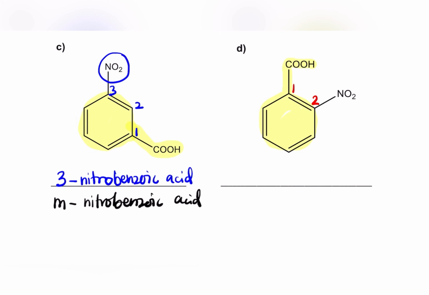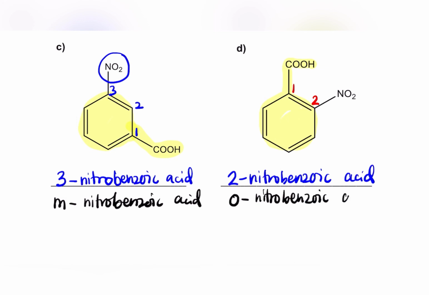The name will be 2-nitro-benzoic acid. Or we can apply the ortho meta para system. 2 will be ortho-nitro-benzoic acid.